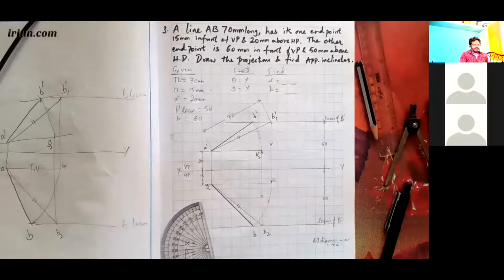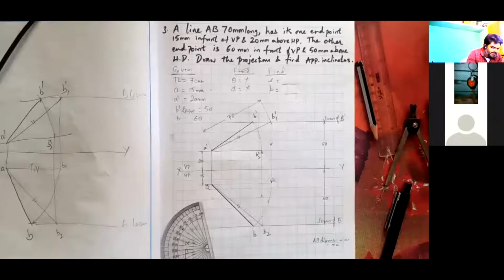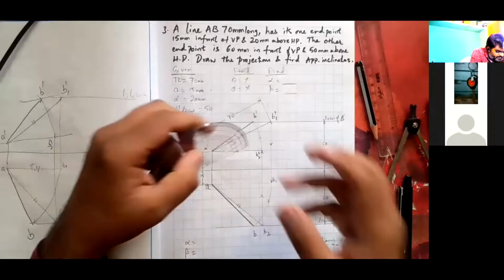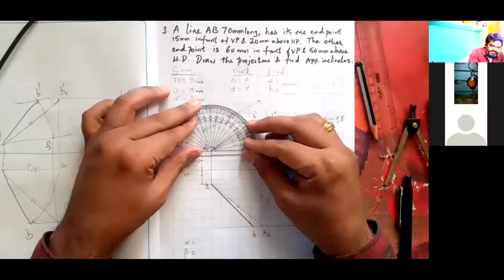Anybody has got the answer? Sir, alpha 35. Alpha? 35 degree. Yes, alpha is 35 for me.